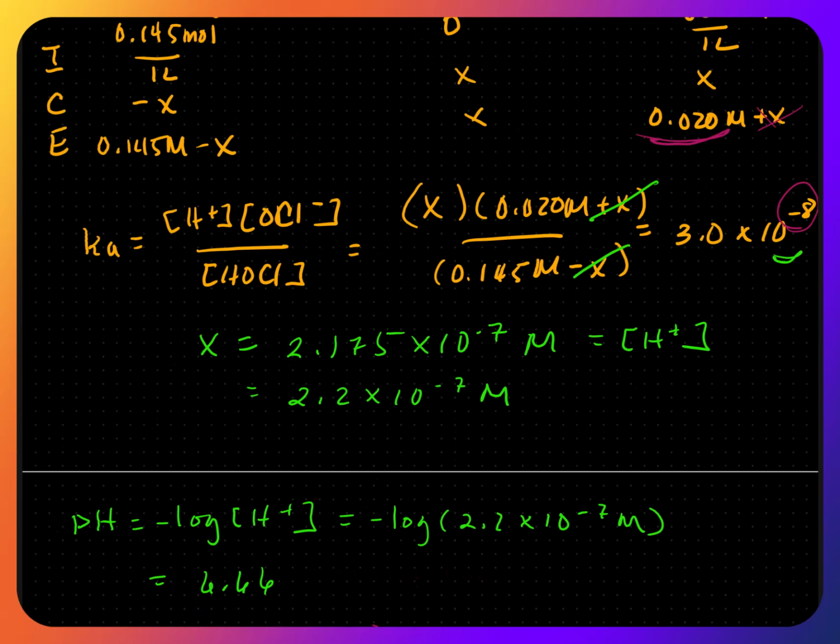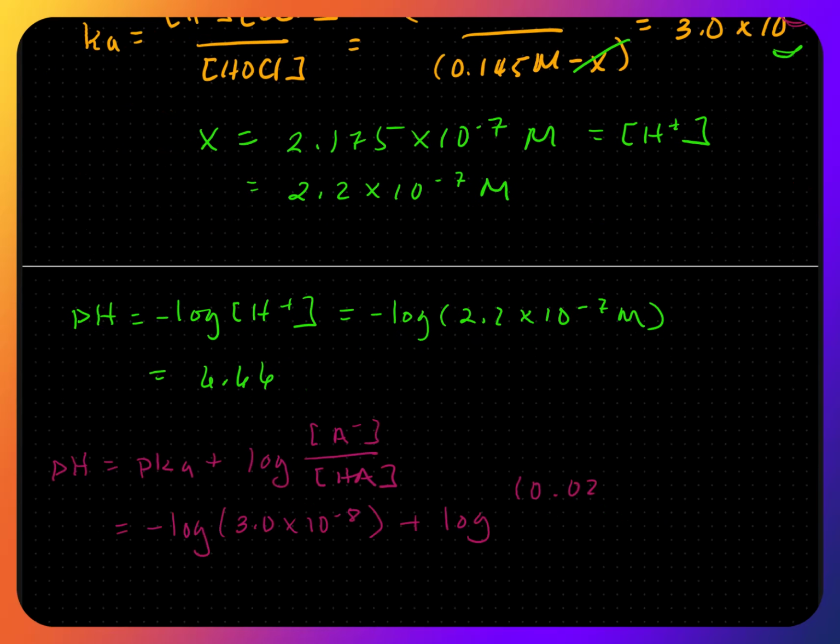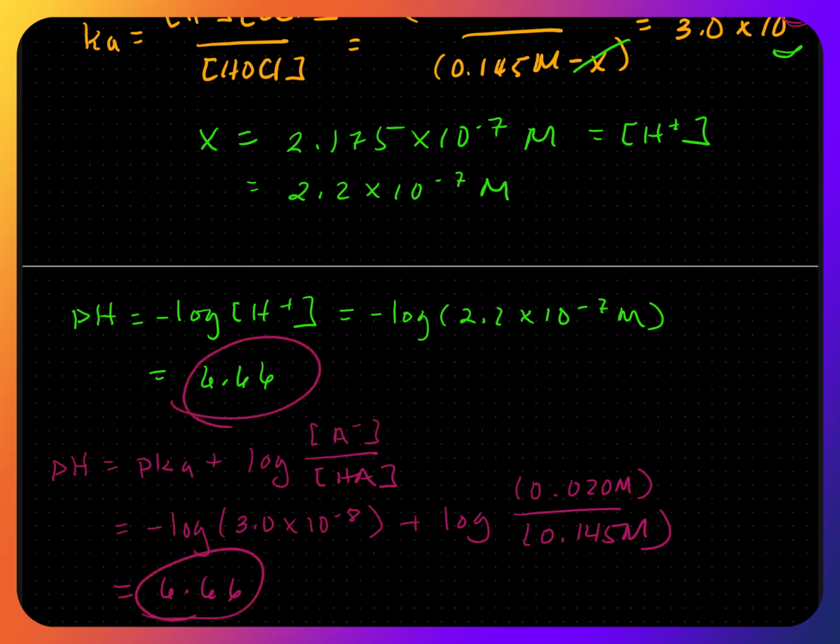You could even double check by the 5% rule and you'll realize it's really tiny. We could ignore this. So this is my equilibrium for my weak acid, 0.020 molar divided by 0.145 molar, which equals 6.66 with correct sig figs. If you notice, the answers match here. So either method is correct.